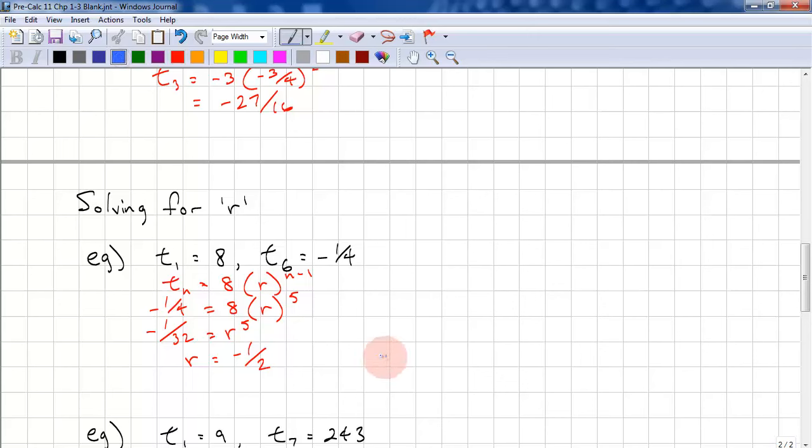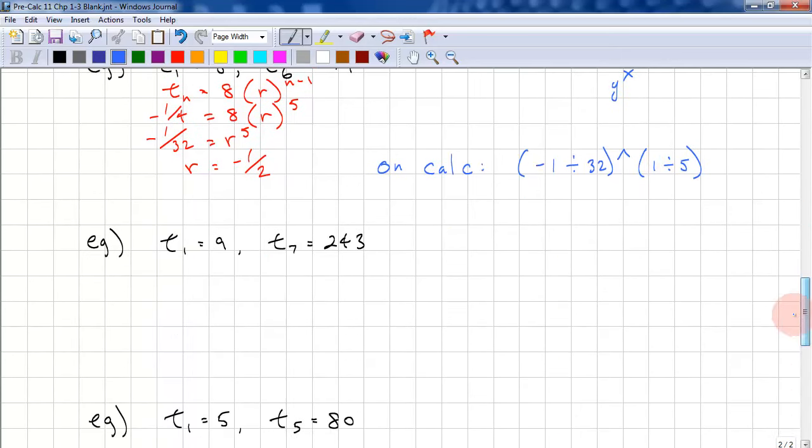On your calculator, you would do bracket -1 divided by 32, bracket, and you would have this symbol, or you would have y to the x, and 1 divided by 5. Next example.